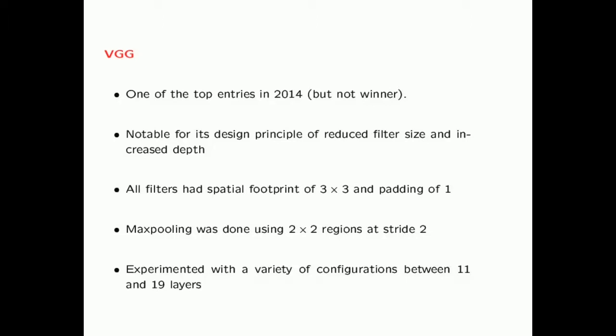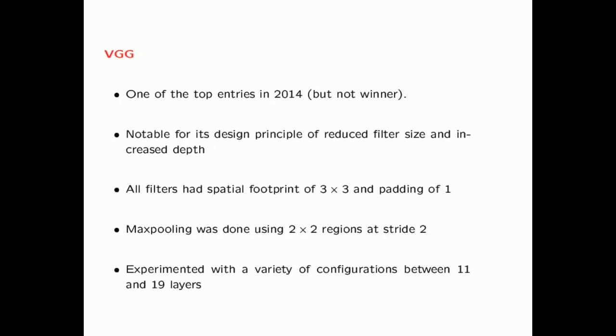One very interesting innovation of VGGNet is that it experimented with using very small filter sizes. Filter sizes are generally odd, and unless you are using 1x1 convolutions, which have a very different type of application, the smallest possible odd filter size you can use is 3x3. So it used the smallest possible spatial footprint of a filter, 3x3, with a padding of 1.